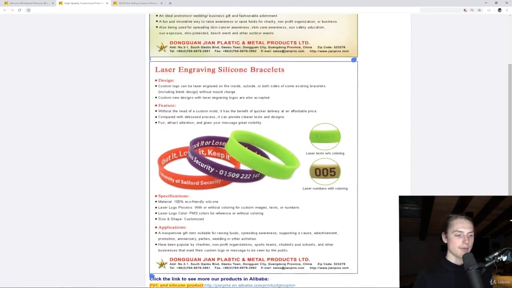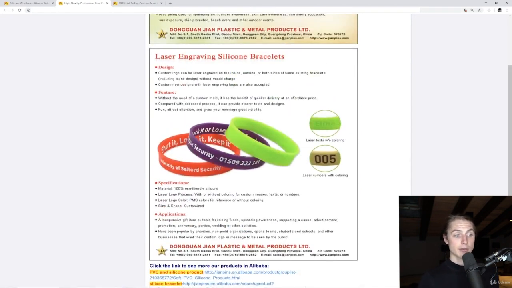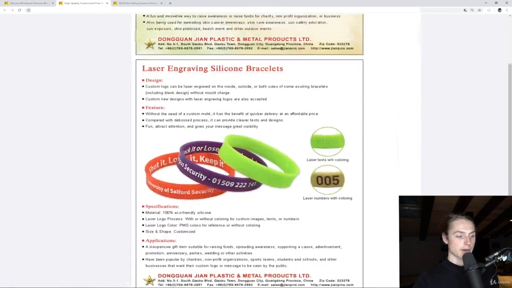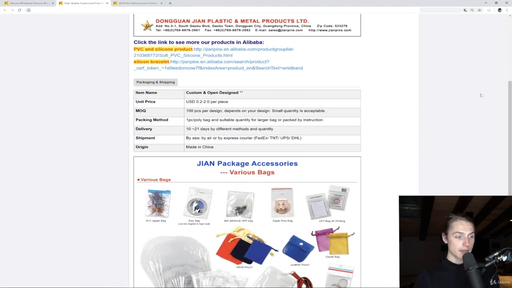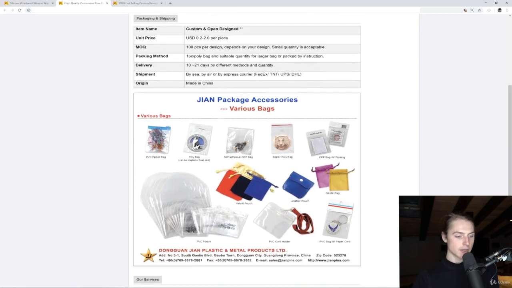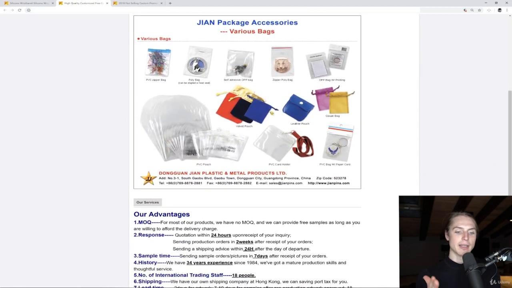They've made an infographic. They say other things they do, the types. So they laser engrave here. They even upsell you on the other things that they sell. That's good, and then they even show you the types of packaging that they have. So this makes me trust that this is actually a manufacturer of products versus somebody who's just a middleman throwing up random ones, because it takes a lot of time to describe this.